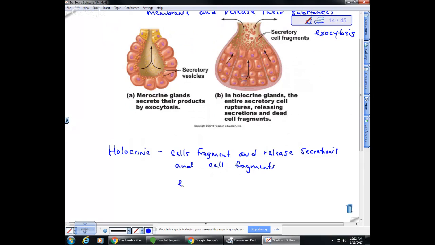This is an example of the sebaceous glands in the skin. They release their product, which is called sebum. And it functions in lubrication of the skin.